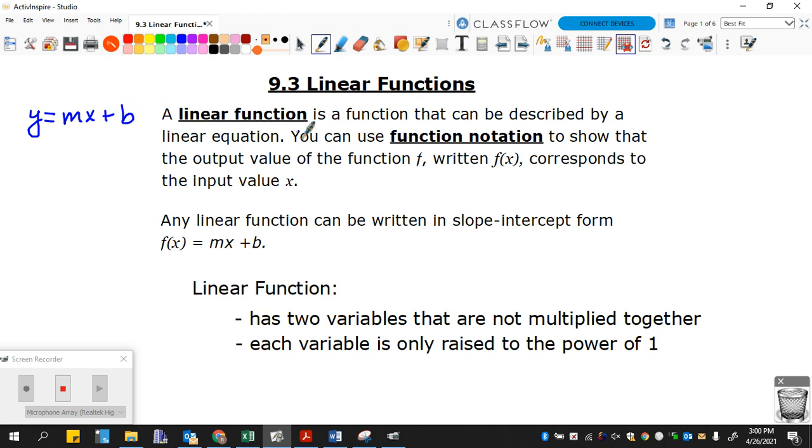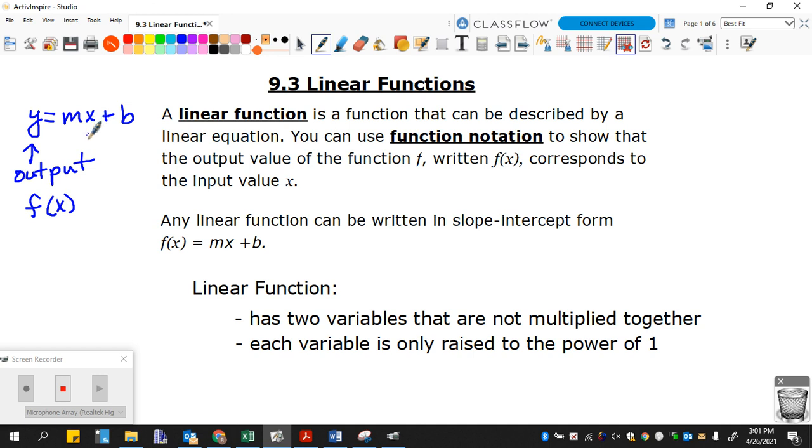But in this case, we use function notation to show that y is our output. Instead of putting a y, we write it as a function of x. In other words, what does x do?